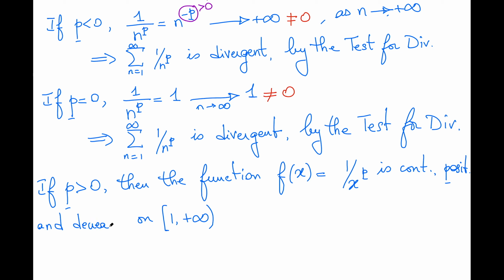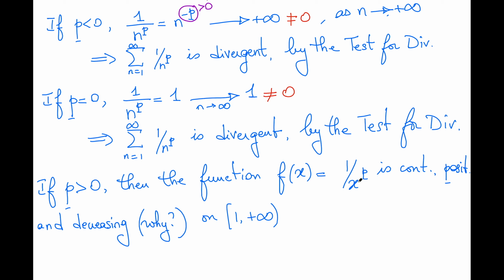Can you clarify why? I'm going to let you complete the details here, but obviously I'm going to say why. Because if you look at the derivative of this function, f prime is going to be negative on this interval.